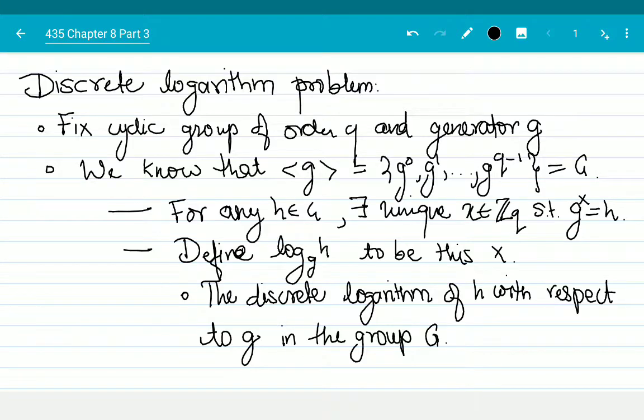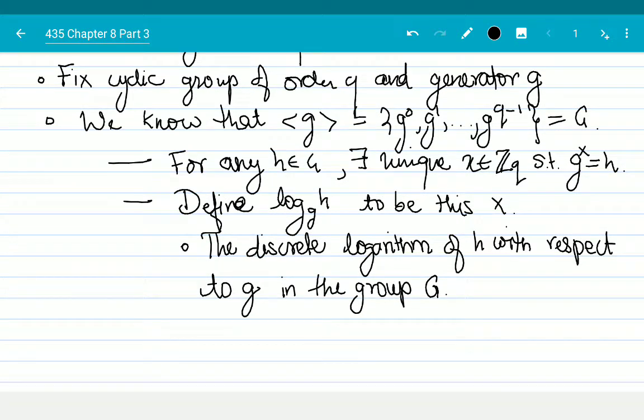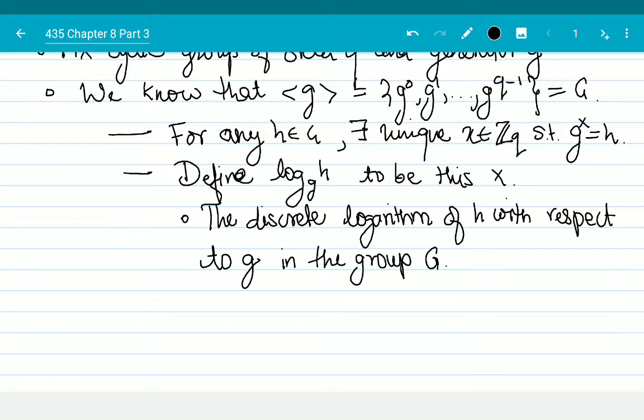Now, some of you might be wondering, why are we doing group theory all of a sudden in the middle of cryptography? The reason is, so far you have seen the easier part of cryptography.